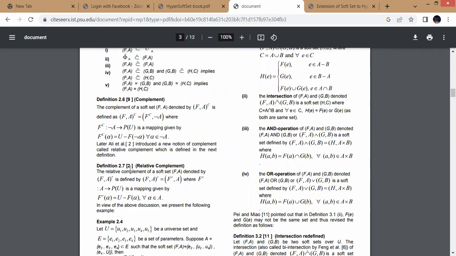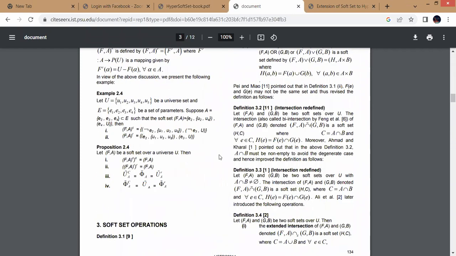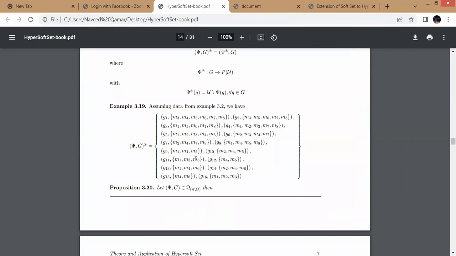This is complement, this is relative complement. Both of the definitions are the same and both of the examples are the same, but the difference is that one is the definition of subset and another is the definition of hyper subset. Here simply both of the definitions, like example number 3.18 and 3.19, are the same. Only we will not write not in front of G1, not in front of G2, not in front of G3, and up to not in front of G16.